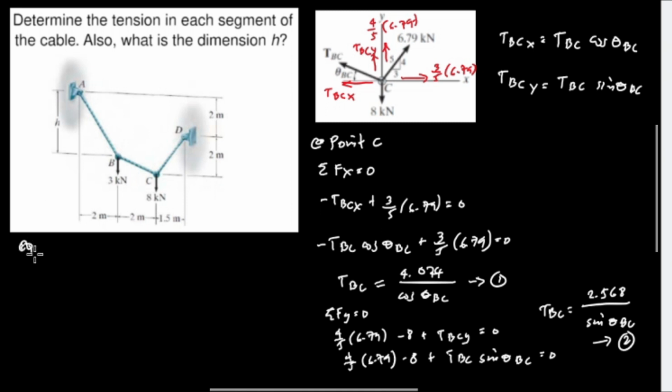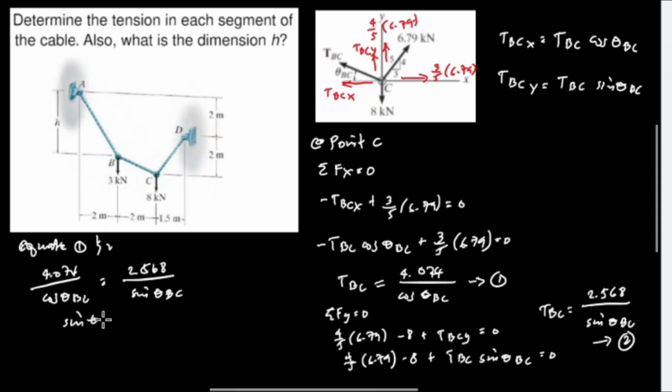Equate 1 and 2, so that's 4.074 all over cosine theta BC is equal to 2.568 all over sine theta BC, and sine theta BC all over cosine theta BC is equal to 2.568 all over 4.074.